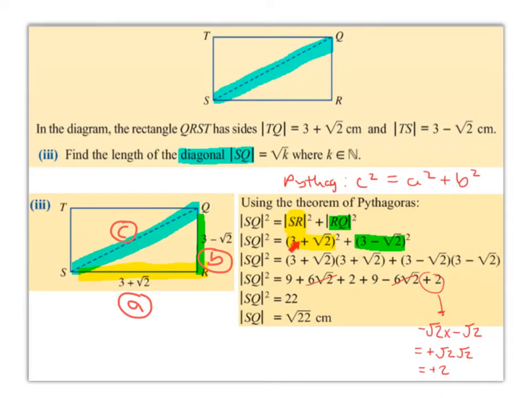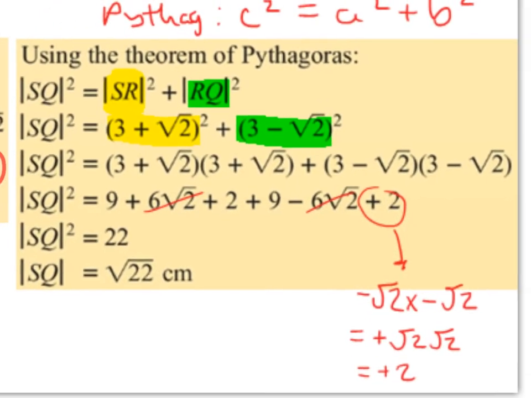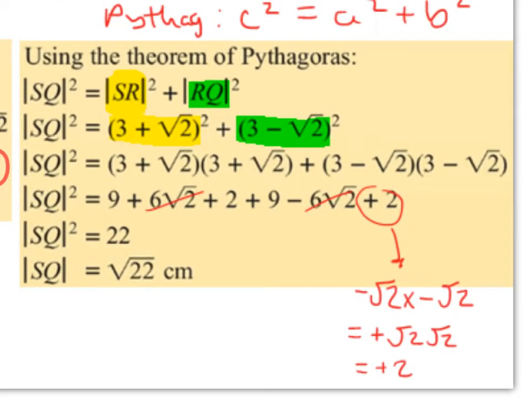Now SR is 3 plus root 2, and RQ is 3 minus root 2. So we're going to have 3 plus root 2 squared, which will become 3 plus root 2 times 3 plus root 2, plus 3 minus root 2 squared, which will be 3 minus root 2 times 3 minus root 2.